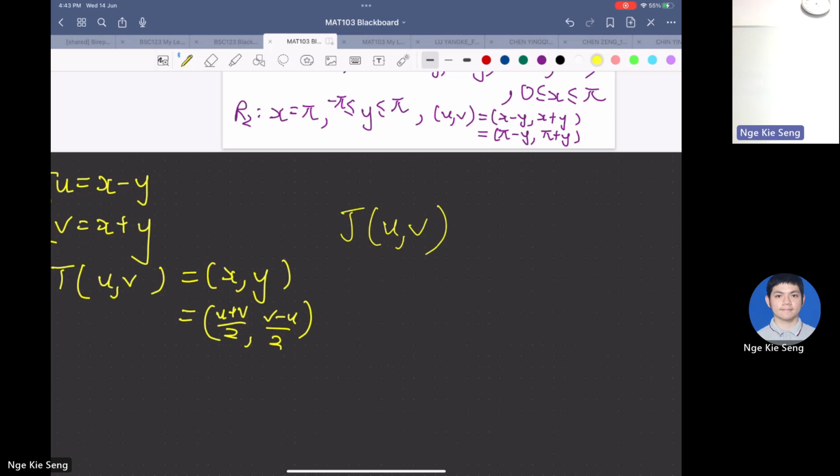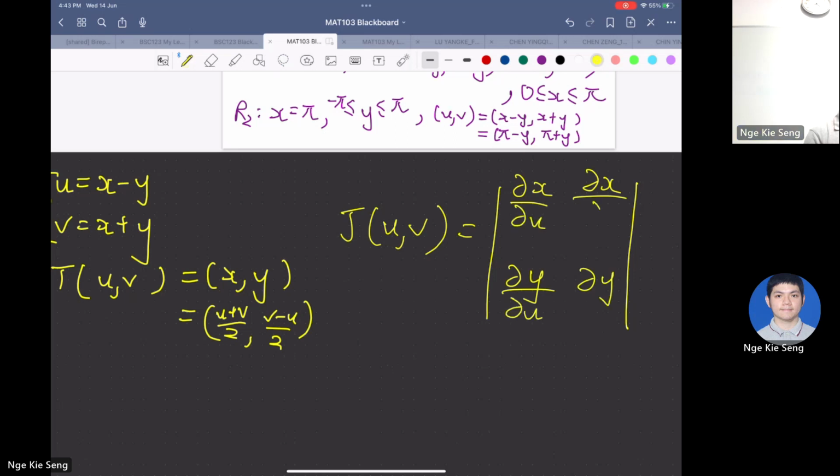We need to take all the possible partial derivatives. For the codomain, we arrange as a row, and then for the domain, we arrange as a column. So in this case, what are these four entries?